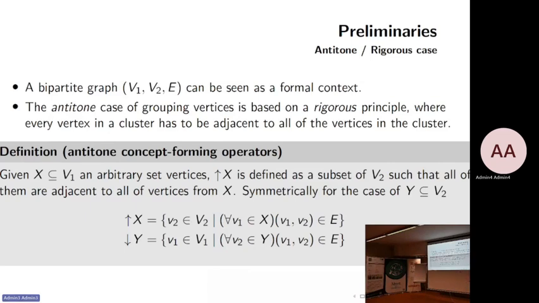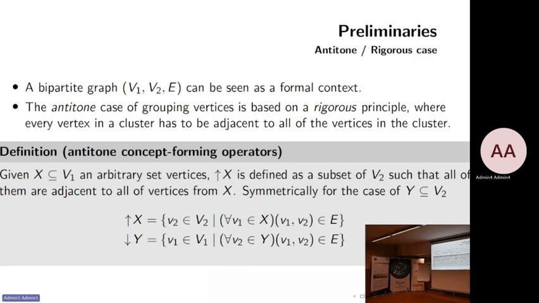Well, in FCA there are two possibilities to construct the concept-forming operations. One has been presented by the previous speaker. It is this one, but I have written this in the crisp case.